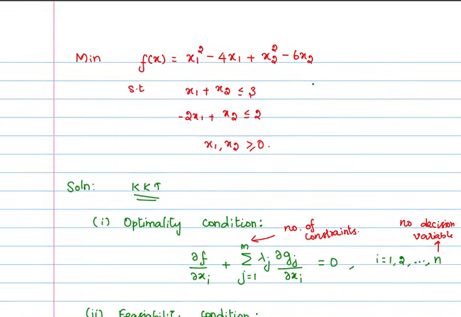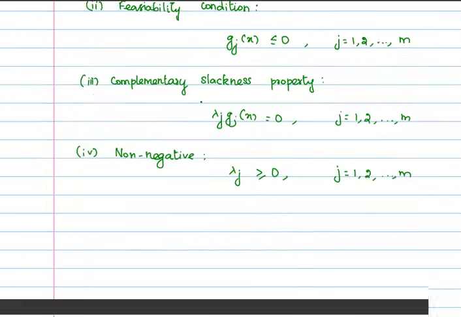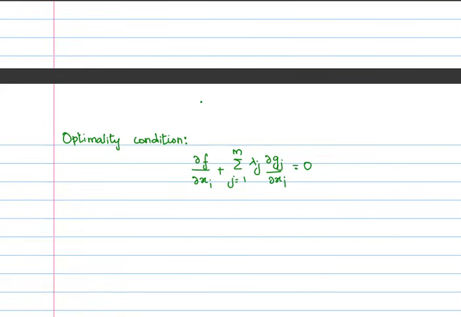Here the number of decision variables is 2, x1 and x2, and the number of constraints is 2. So i can be 1, 2.